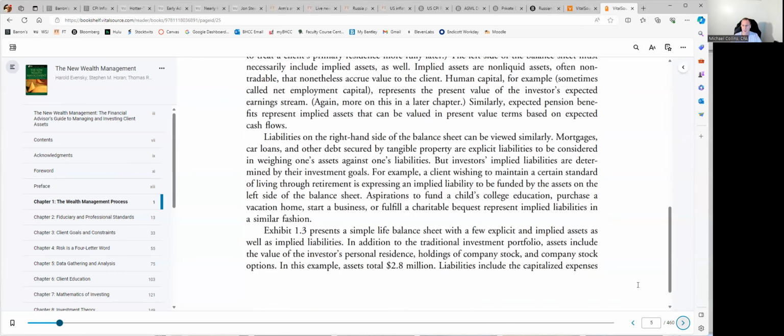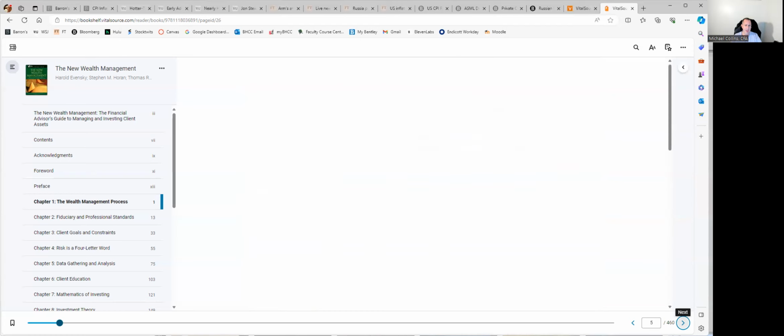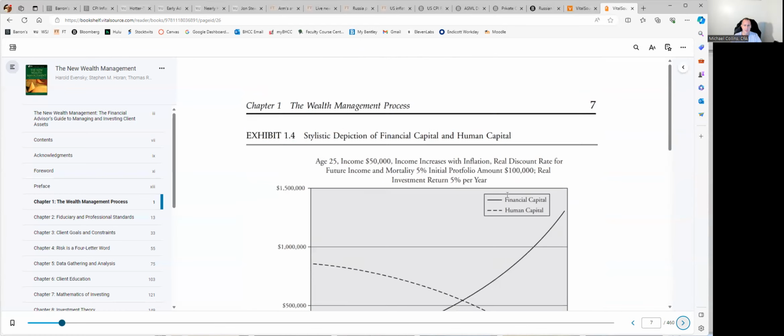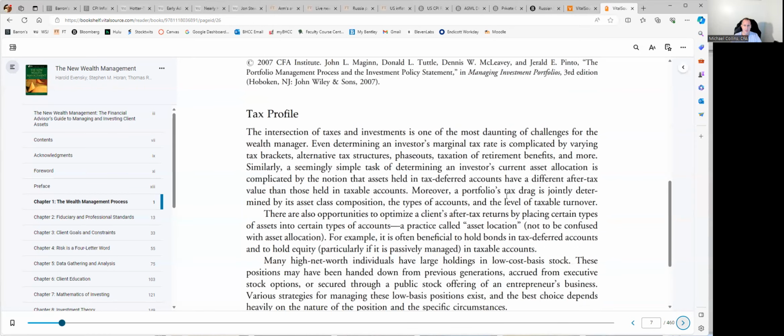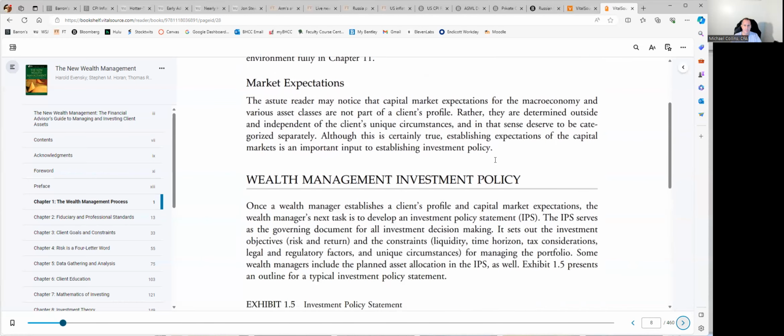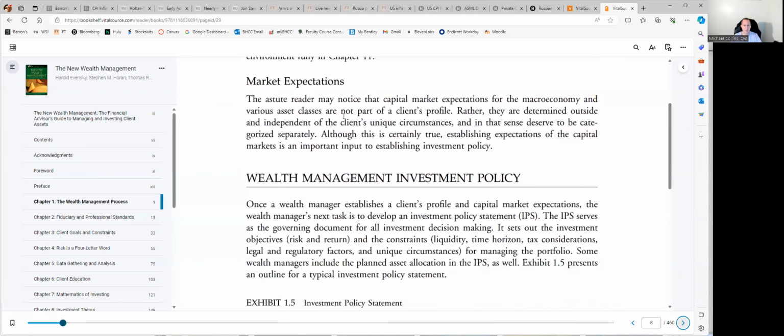We'll skip life balance sheet for the quiz. We won't need to know that. You should also know that the tax profile would be included in this and be familiar with the term tax profile. Be familiar with the term market expectations.